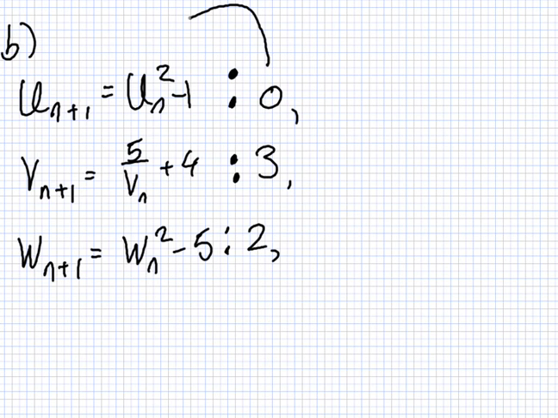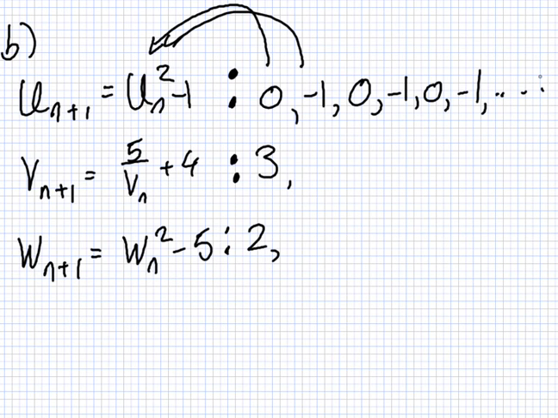Yeah, you put 0 into this. So 0 squared minus 1, what's that? Minus 1. And then what do you do with the minus 1? You put it in again. So let's see what we get if we do this a few times. 0, minus 1, 0, minus 1, etc.